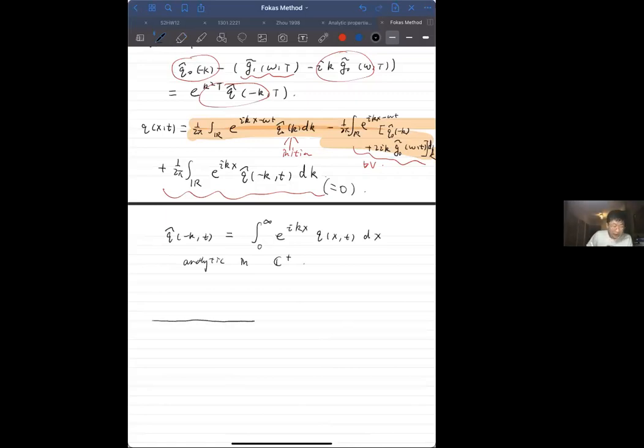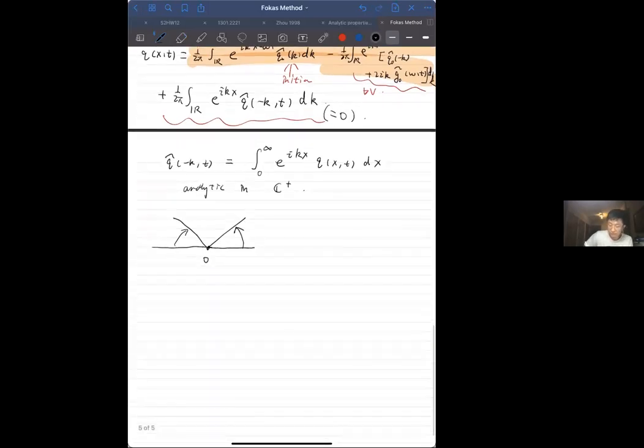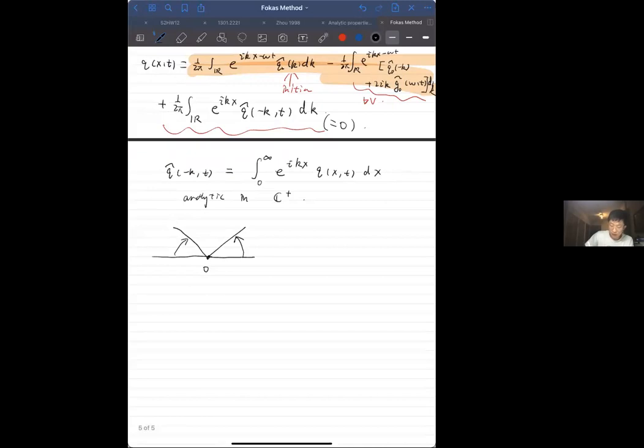So we can deform the contour. This is 0. We can deform this contour to here. And this gives us the integral of e^{ikx} q hat(-k,t) dk, equal to, let's denote this area D, the boundary of D, e^{ikx} q hat(-k,t) dk.